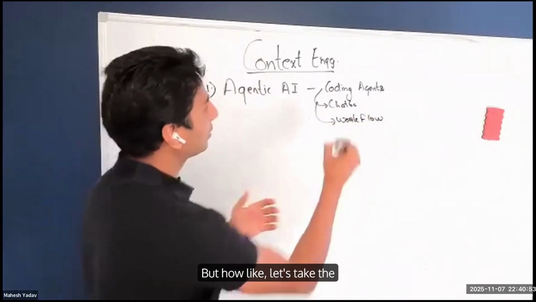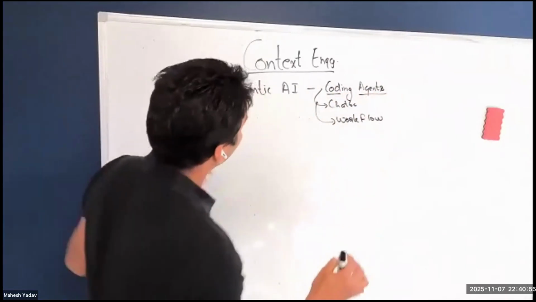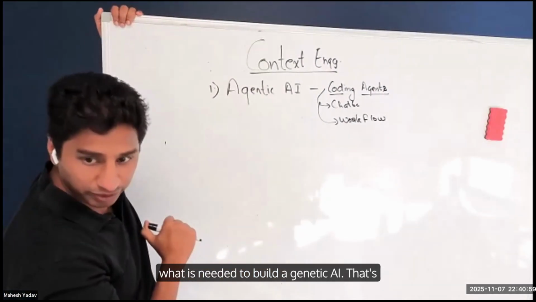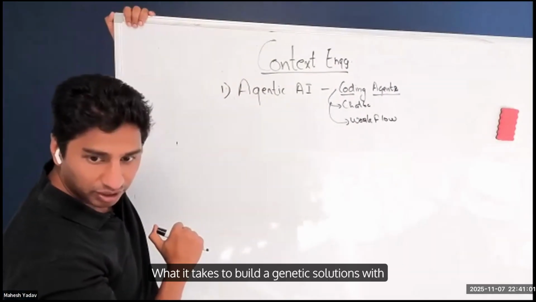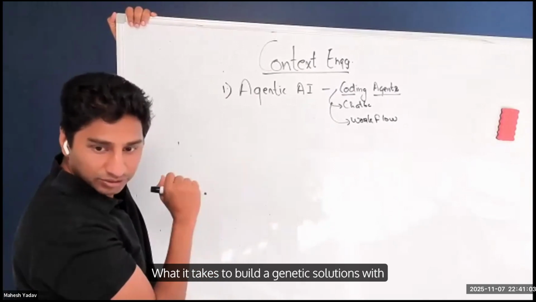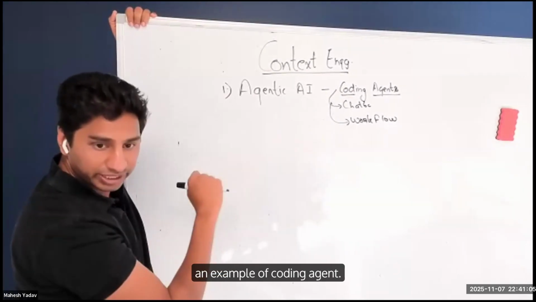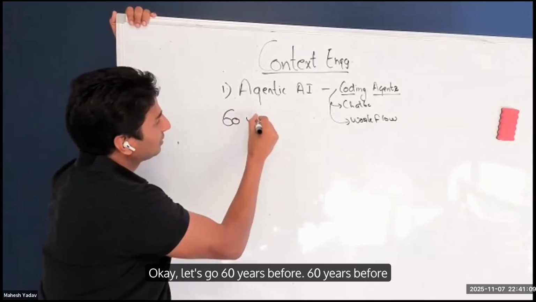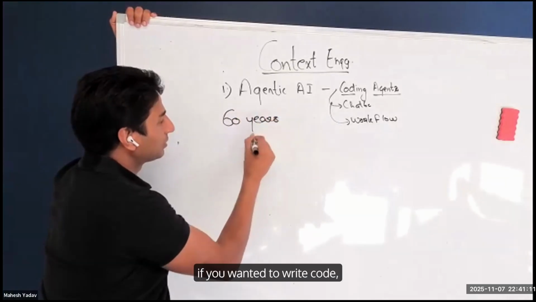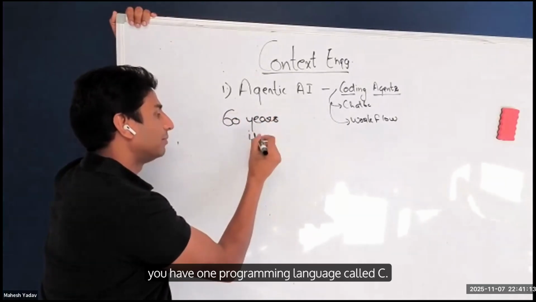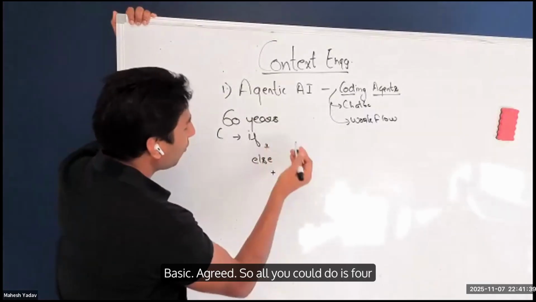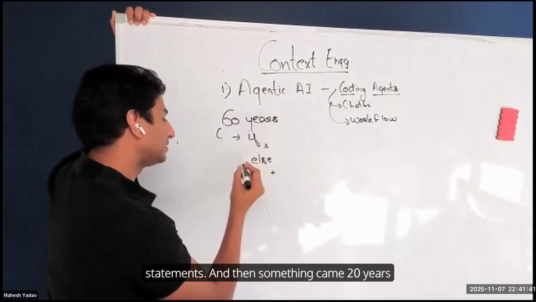But let's take the coding example and see what is needed to build agentic AI. That's where I'm trying to take you: what it takes to build agentic solutions with an example of a coding agent. Okay, let's go 60 years before. 60 years before, if you wanted to write code, you had one programming language called C. Basic, great. All you could do was if-else statements.